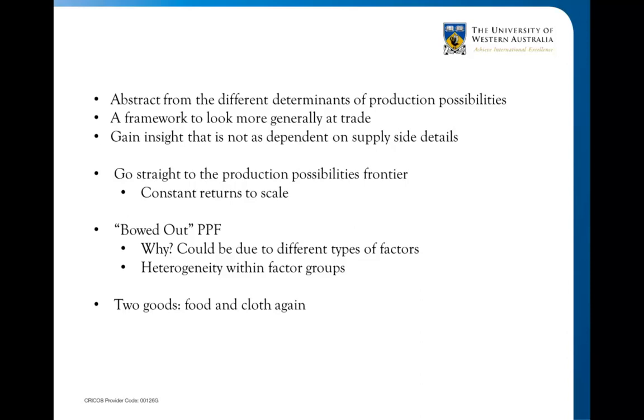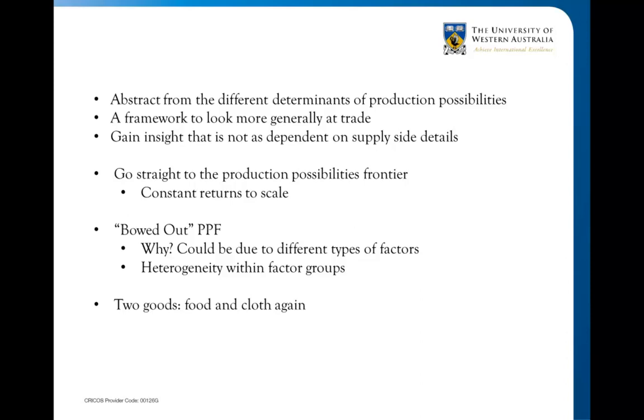The specific factors model is often used in terms of short-run things. Remember, the specific factor is fixed to the particular production of a good, and in the short run that may actually be true. Whereas the Heckscher-Ohlin model, which allows substitution between them and allows factors of production to move between sectors of the economy, can be thought of more as a long-run situation.